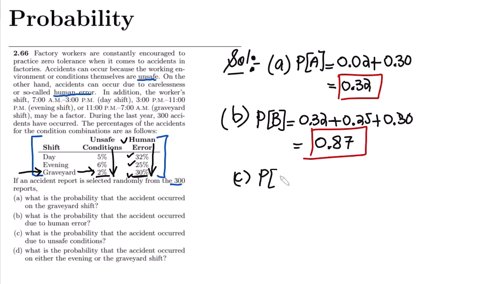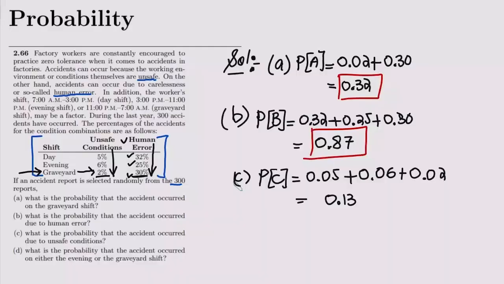Let me call it event C. Event C would be 5%, which is 0.05, plus 6%, which is 0.06, and the last one here is 2%, which is 0.02. Let me add them together and I will get 0.13, and that is the answer of part C.